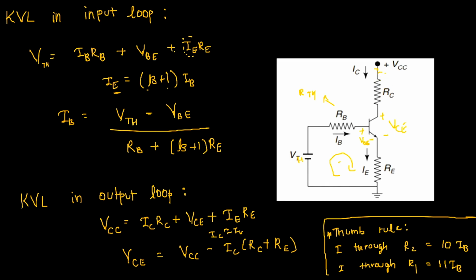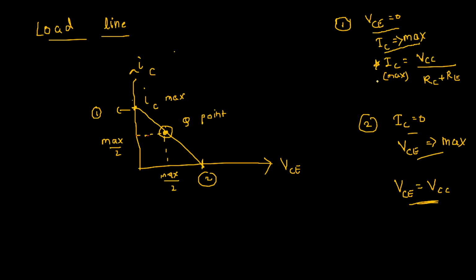And if the current flow is maximum, that clearly means that the potential difference is high. So the potential at the other end has to be quite low in comparison. So when your IC is maximum, your VCE is minimum, and when your VCE is maximum, your IC is minimum. So the coordinates of the Q point are always IC max by 2 and VCE max by 2 because it lies exactly in the middle of the load line.